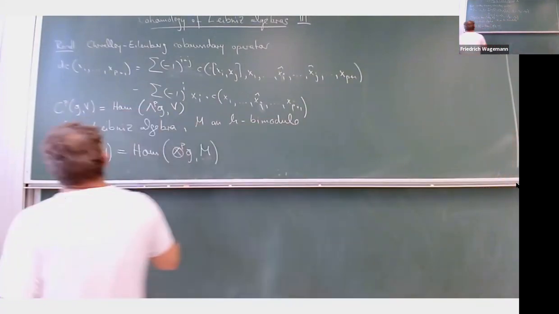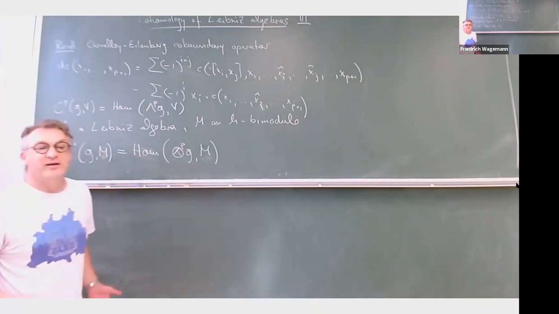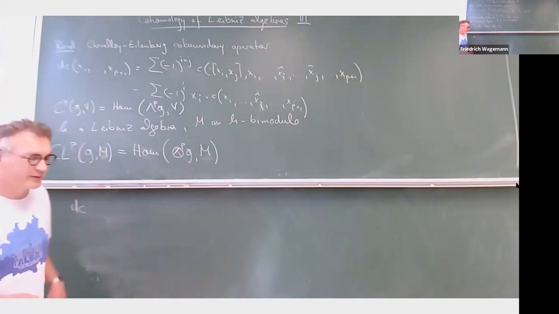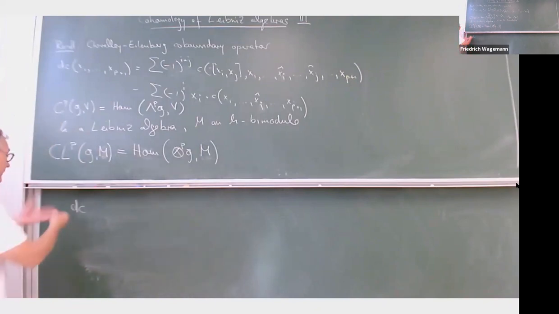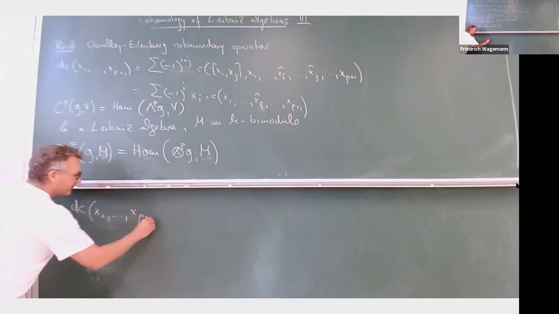So the coboundary operator for Leibniz cohomology, unfortunately, I will give it the same name. All my coboundary operators will be called D. I hope this is not too confusing.